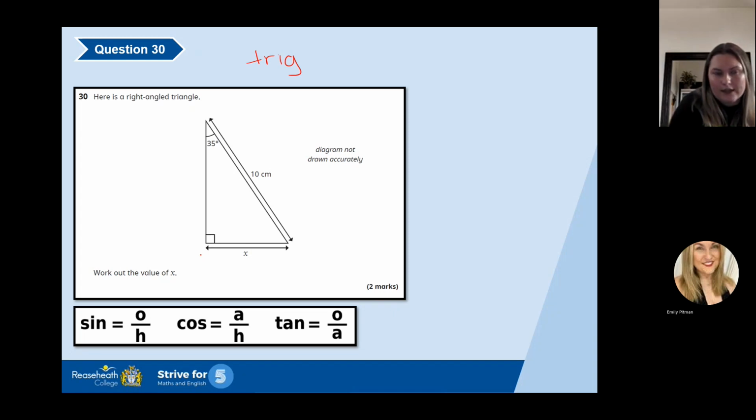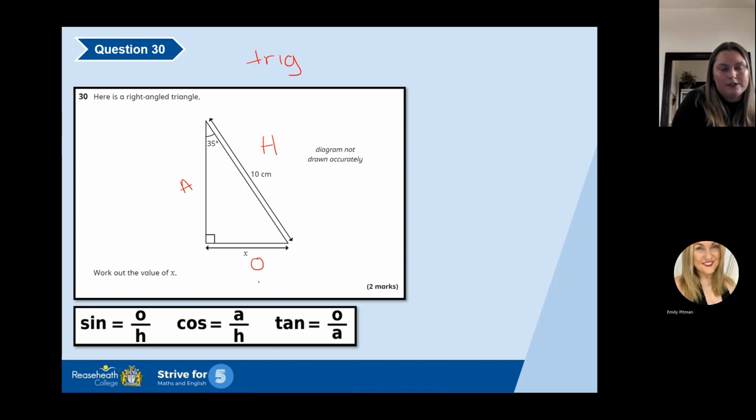So the longest side, which is the one opposite the right angle, is called the hypotenuse. Then we have the one that's opposite the angle we're looking for, so the opposite, and the other one that's left is the adjacent.